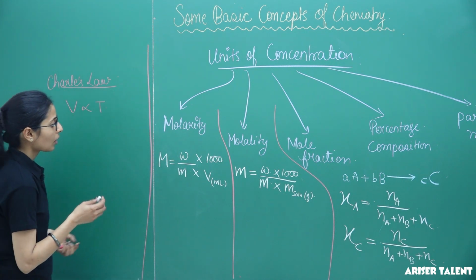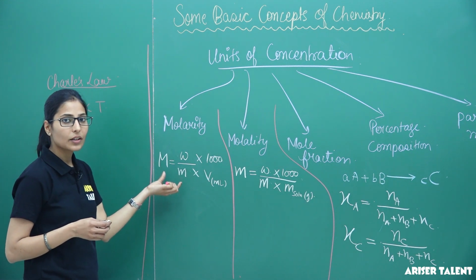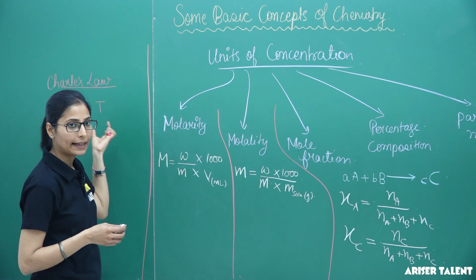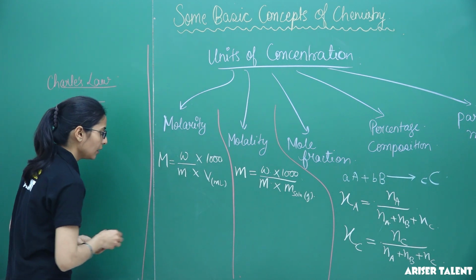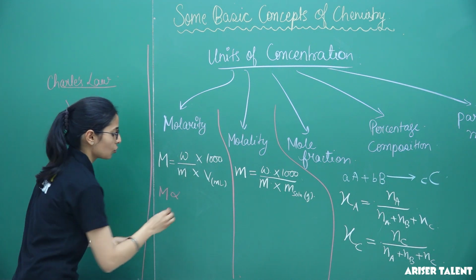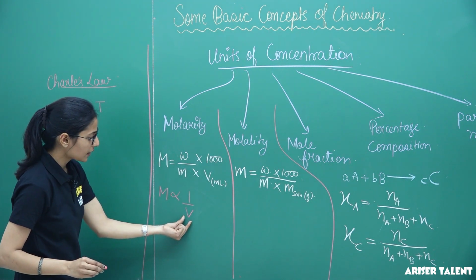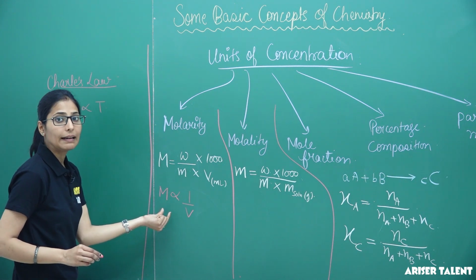So, what is the relevance of this particular thing over here? Since we know that temperature and volume are directly proportional, and here we can see that M is inversely proportional to volume, it means that as the volume of the solution increases, the molarity of the solution decreases.